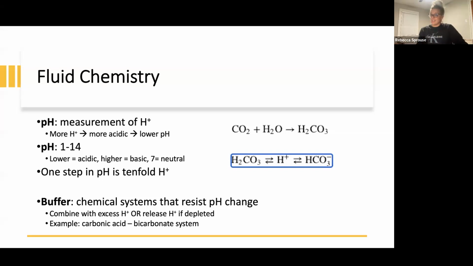That's why our blood doesn't get too acidic. And these are going to combine. They can either combine with excess hydrogen or release hydrogen, depending on what the environment is. So let's just say, for example, that your blood is too acidic. If your blood is too acidic, you have buffers that are going to bind up that hydrogen, take it out of the extracellular environment and bind it up so that it's no longer causing a lowered pH.